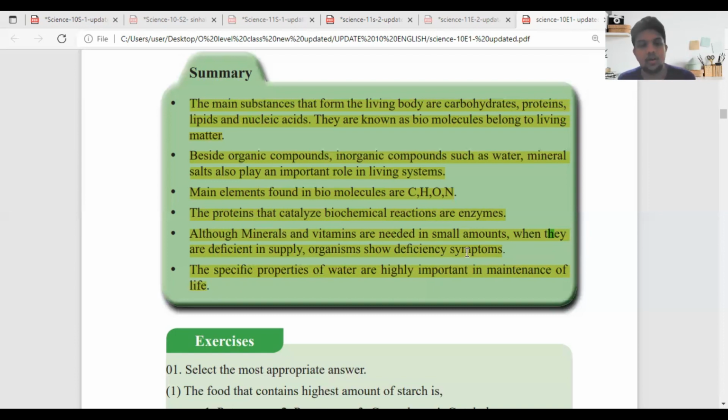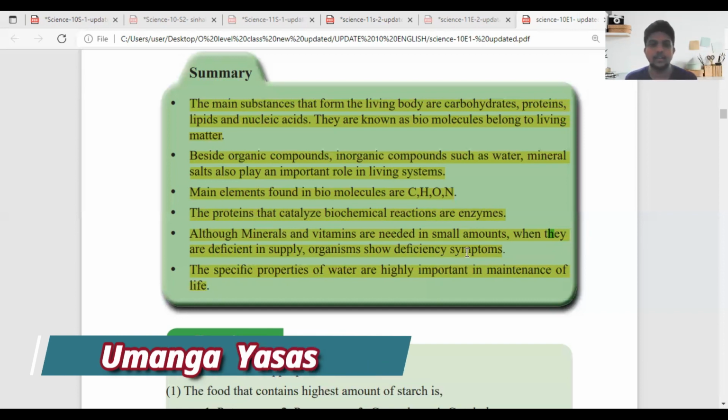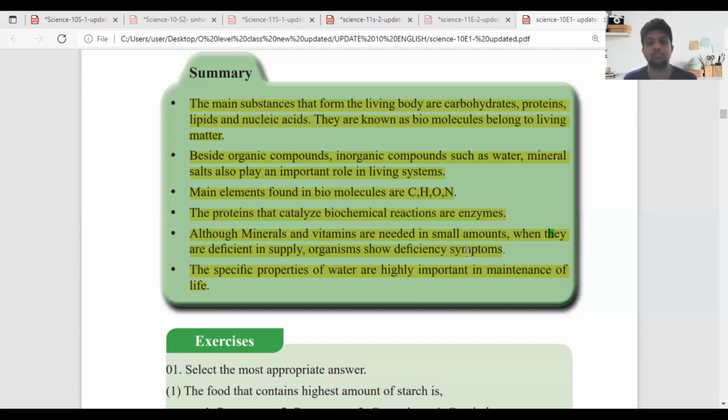The proteins that catalyze biochemical reactions are known as enzymes. It means almost all the enzymes are proteins. Although minerals and vitamins are needed only in small amounts, if they are deficient in supply, the organism shows deficiency symptoms.